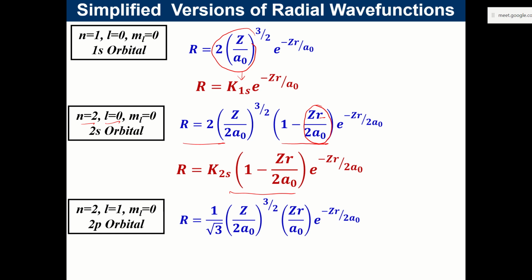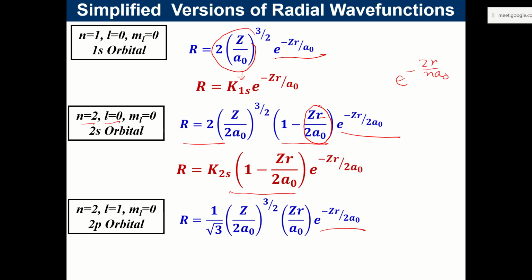Similar to p orbitals, here you see what the function looks like. One thing is common: the exponential term in each of these functions. You see that this exponential term comes out as e to the power minus Zr by n a naught.